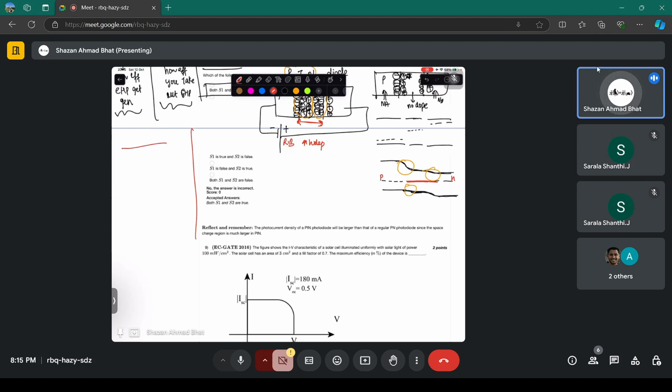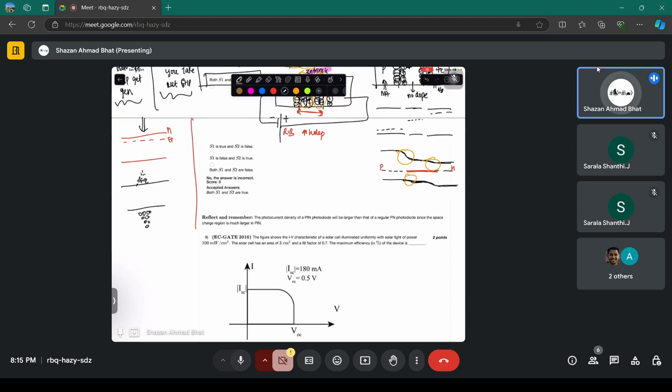So whenever you have silicon, let's talk about N-type silicon, this is EF, the Fermi level of the N-type silicon. If you irradiate it with light, you generate electron hole pairs, electrons and holes, and because of the generation of electron hole pairs, this system now has two different Fermi levels. It has an electron Fermi level and a hole Fermi level, because this system is now a non-equilibrium system.